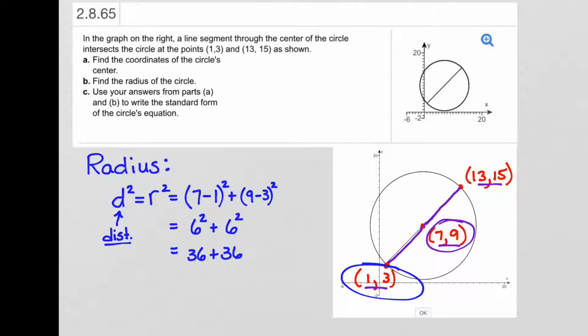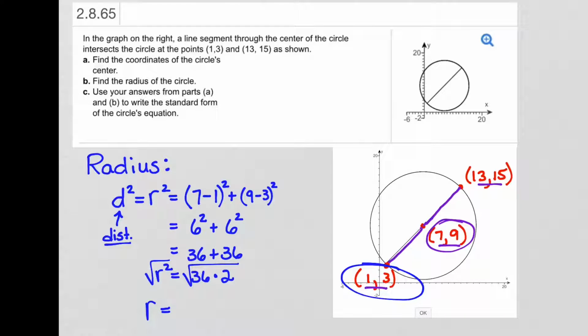And I'm going to be a little tricky here. I'm not going to add 36 and 36 to get 72. I'm going to say, what do I have? I have 36 times 2. I have 2 of those, right? Because I'm adding them together. I didn't want to say 2 36s, so 2 times 36, because now I need r, just plain r. So since this is r squared, I'm taking the square root of both sides.